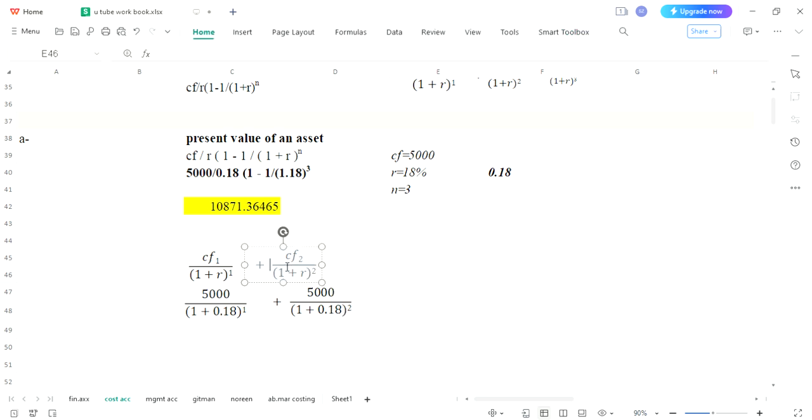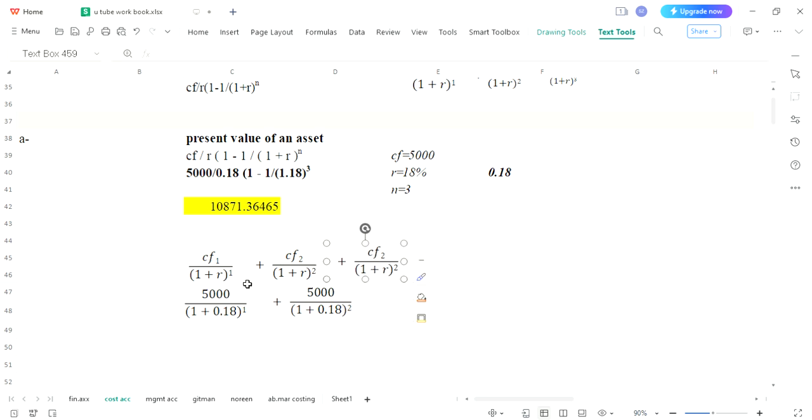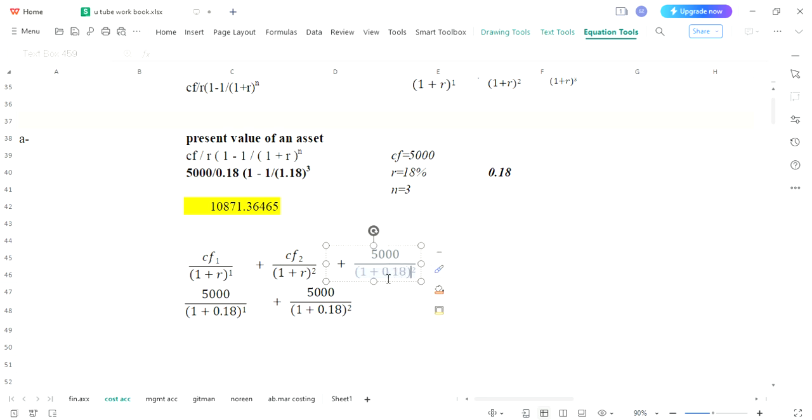After putting it, you will go for the third one as well. Why? Because we have three different cash flows. Our last cash flow would also be 5000, as we have the same cash flows. So put 5000 over here. Our rate of interest is 0.18, it would remain same, and we are up to third year.